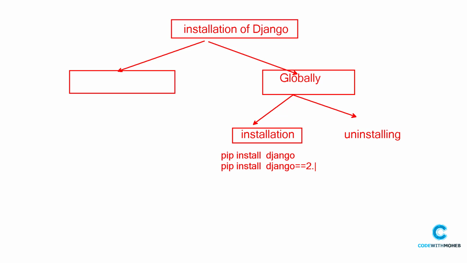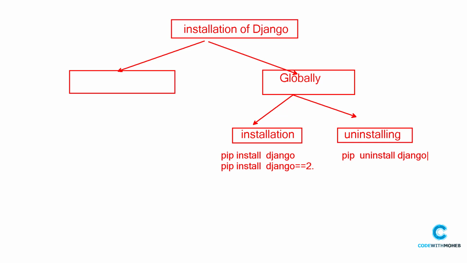And same thing, creating project is the same way, and uninstalling is simply you can type pip uninstall Django. It will uninstall our Django.